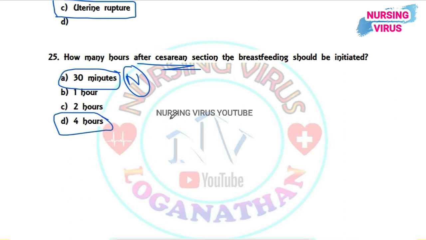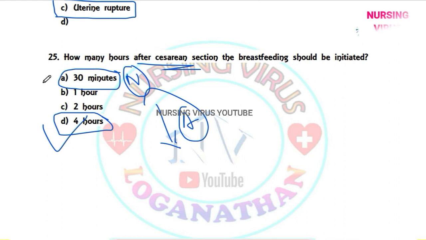Why? To reduce the anesthetic effect on the baby. So for LSCS, 4 hours can be considered the correct answer. For a normal vaginal delivery baby, within 30 minutes we can go on. So that's all for the next 25 questions.